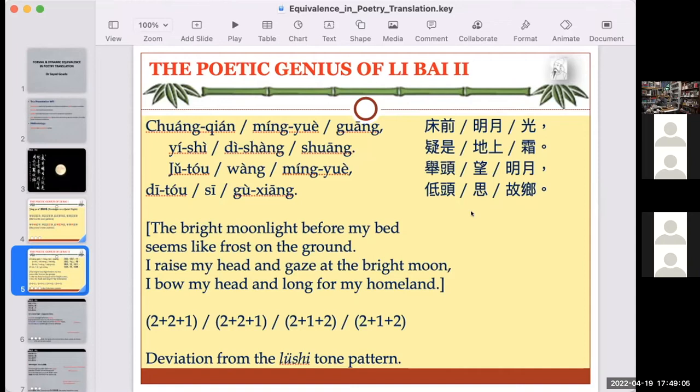When the foot has 3 syllables, that means there is speed. You speed things up. Like in English, the feet called anapest and dactyl, like ta-ta-tum. This is called anapest.